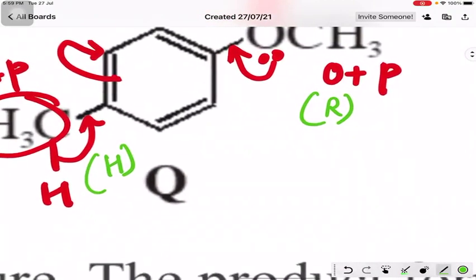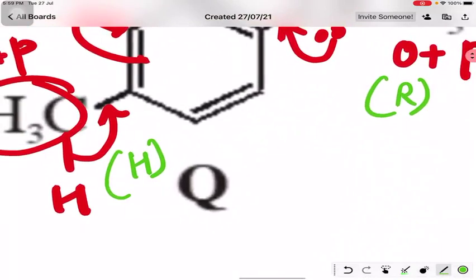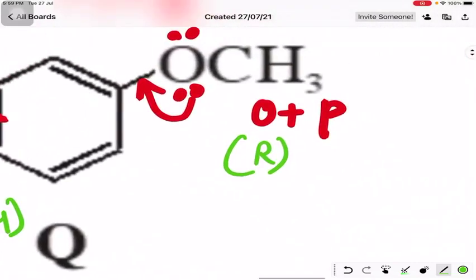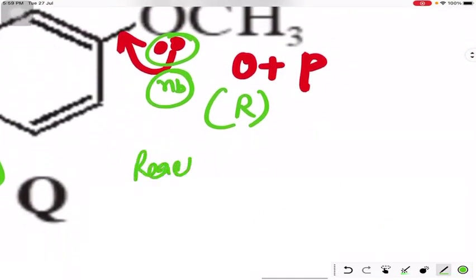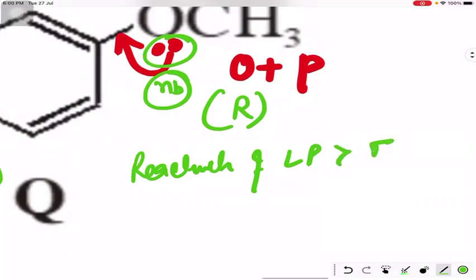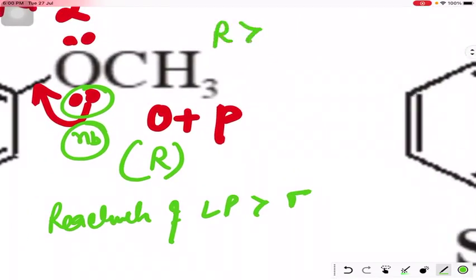Now which one dominates? Which effect dominates? Hyperconjugation involves breakage of a sigma bond, whereas resonance involves non-bonded electrons, and we know that the reactivity of a lone pair is more than that of a sigma bond. So resonance effect dominates over hyperconjugation.